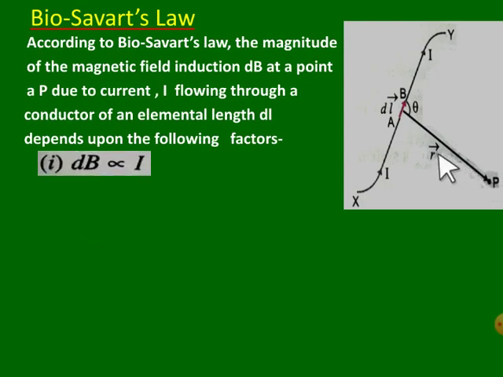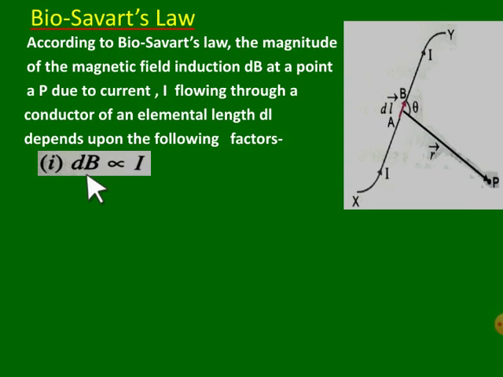It depends upon the amount of current flowing through the elemental conductor. If the current I flowing through the elemental conductor is large, then the magnetic field produced here will also be large. That means if I is large, the small magnetic field produced there due to this elemental length, which will be denoted by dB, will also be large.